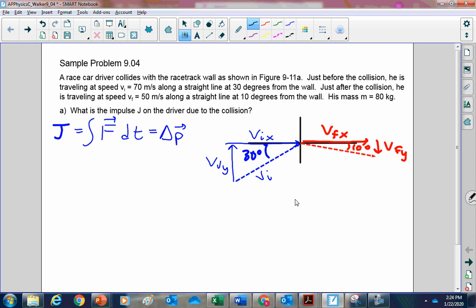So the x component, or maybe I should say just x momentum.